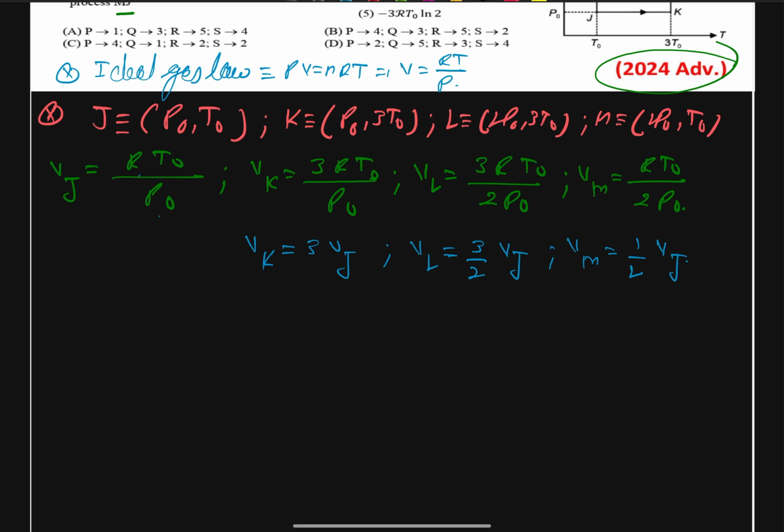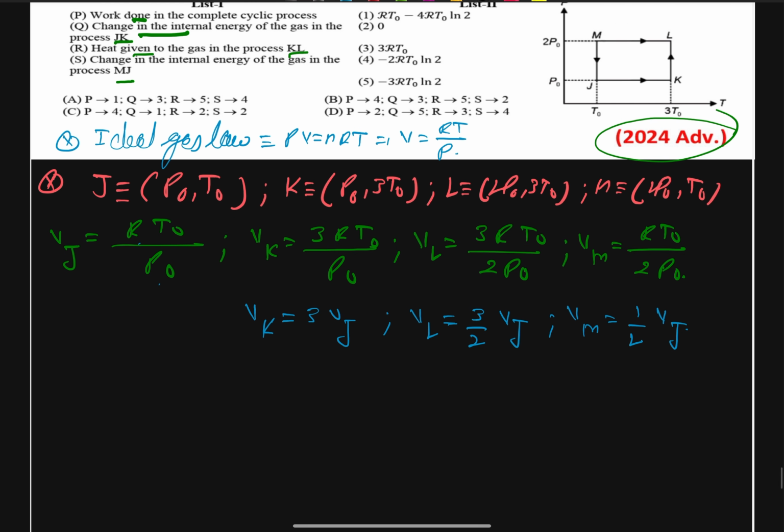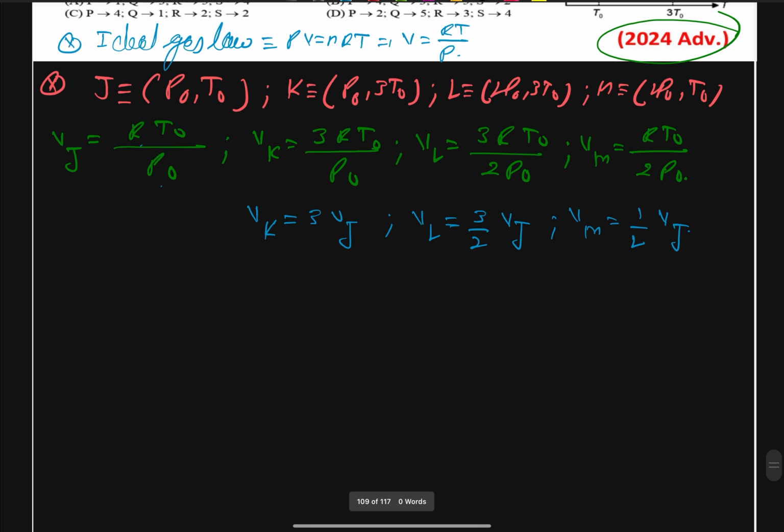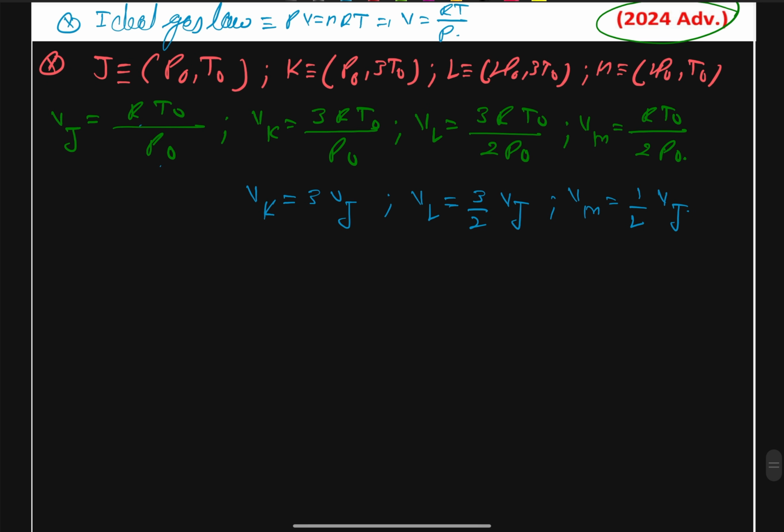Let's now identify the processes. From J to K, pressure is constant, so that will be isobaric. From K to L, temperature is constant, so isothermal. So we are going to have only two processes, isobaric and isothermal, and they switch with each other.